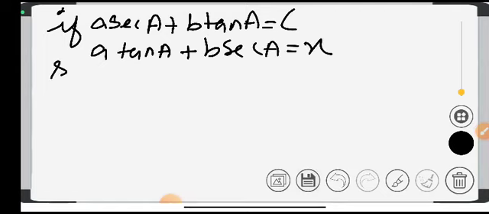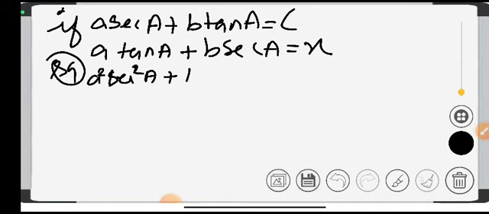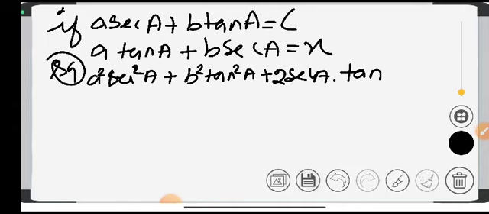If I square and subtract those values, I find this as a square sec square a plus b square tan square a plus 2 sec a into tan a. Okay, 2ab is also placed here because a and b are here.